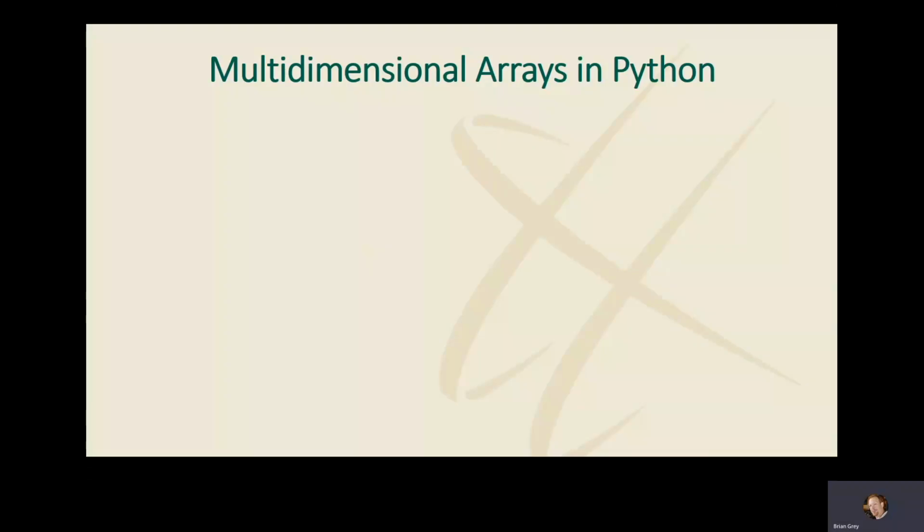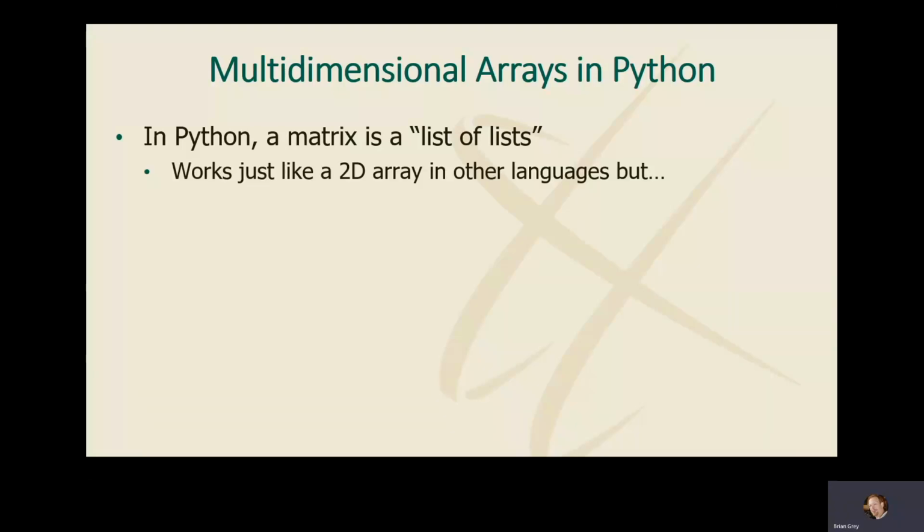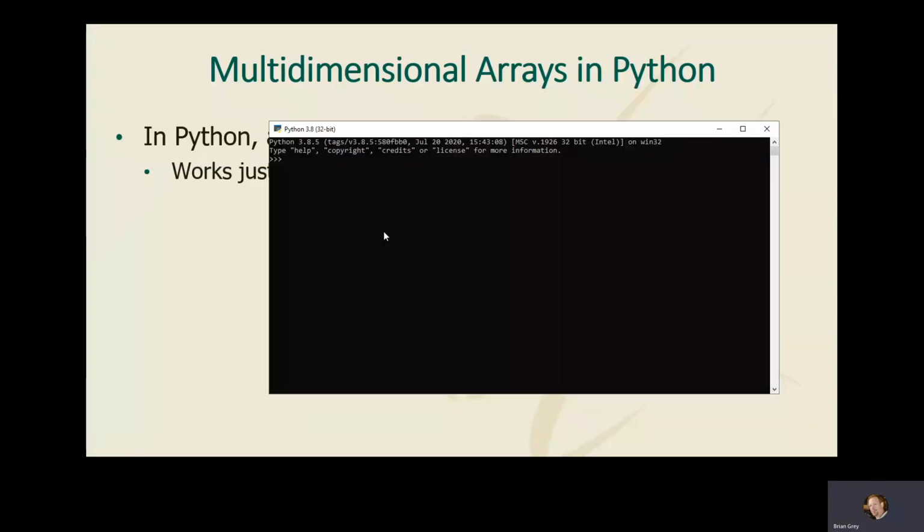In Python, a matrix really is a list of lists. And that works just like a 2D array in other languages, but what do you think is going to happen if we do the following. Let me open Python. All right. And we're going to say, here, we will define it this way.